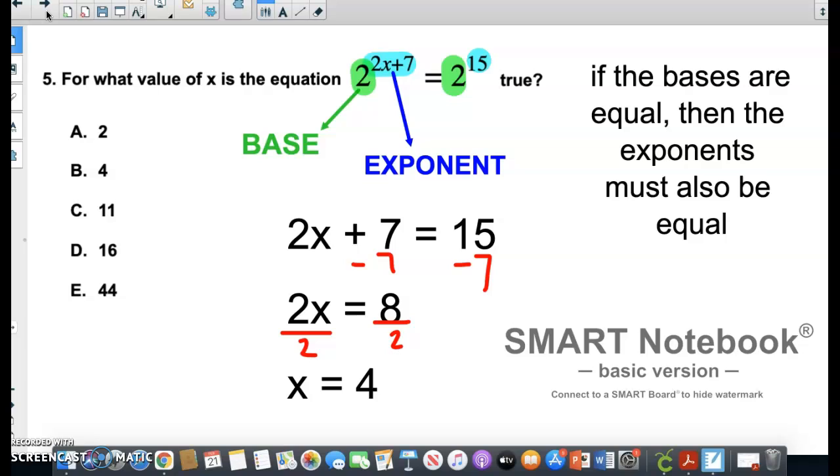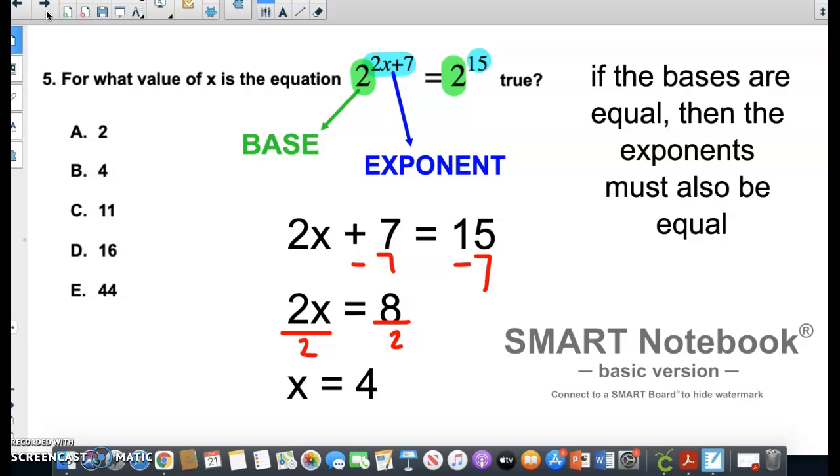All right, and then for number 5, it says for what value of x is the equation 2 raised to the 2x plus 7 equal to 2 raised to the 15th true? So in the expression 2 raised to the 2x plus 7, 2 is the base, and the 2x plus 7 is the exponent. And 2 raised to the 15th, 2 is the base, and 15 is the exponent.